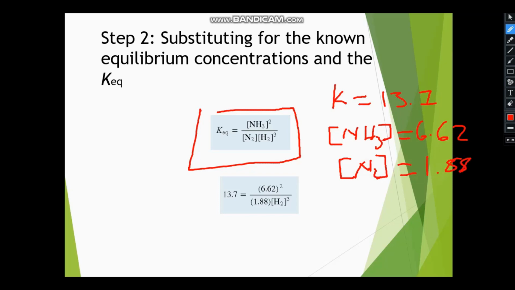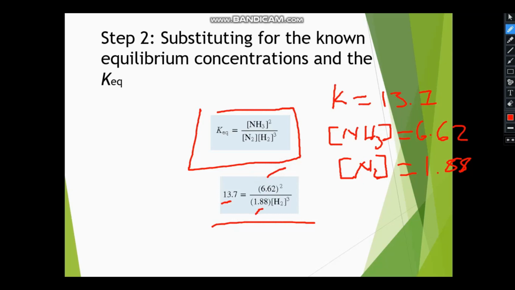So that's what we have done in this expression, which you can see here. We have put the K value there, the concentration of ammonia and the concentration of nitrogen.